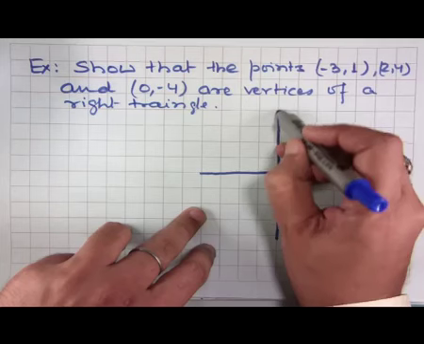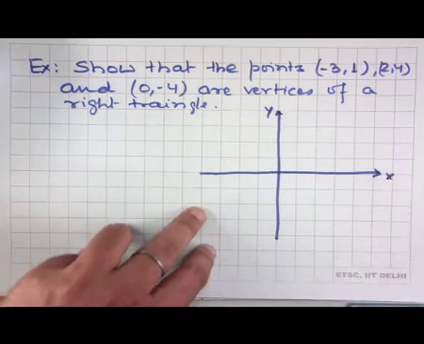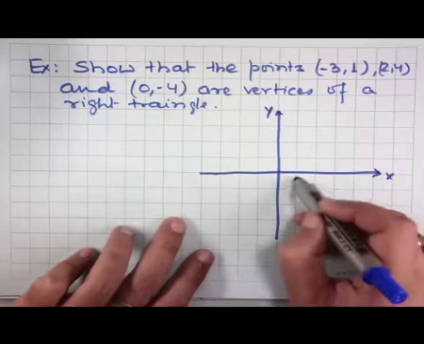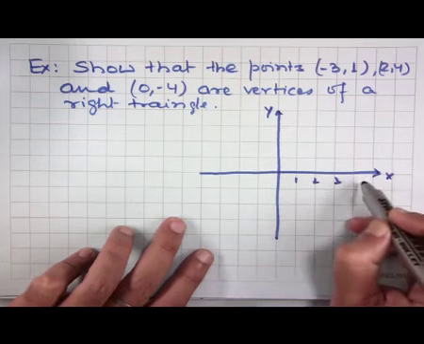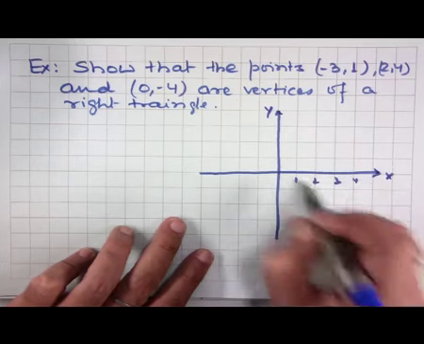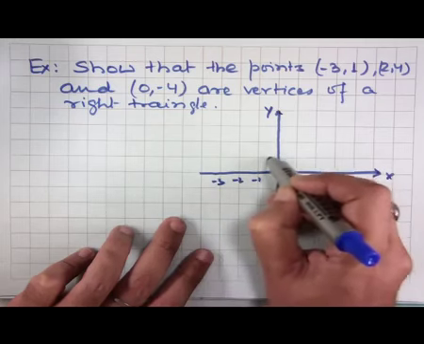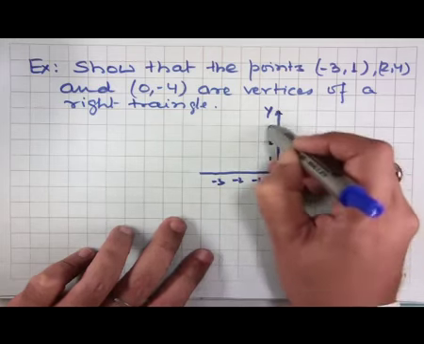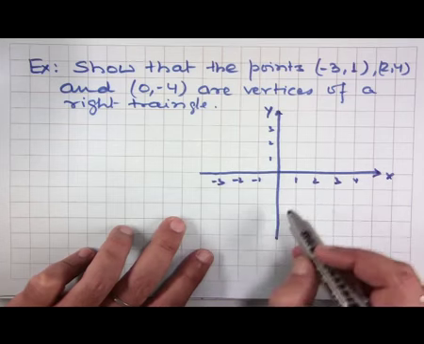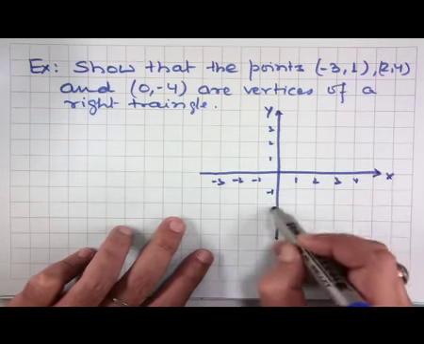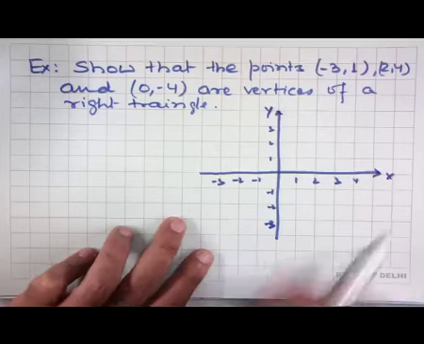This is x, this is y. So 1, 2, 3, 4, minus 1, minus 2, minus 3, 1, 2, 3, then minus 1, minus 2, minus 3.